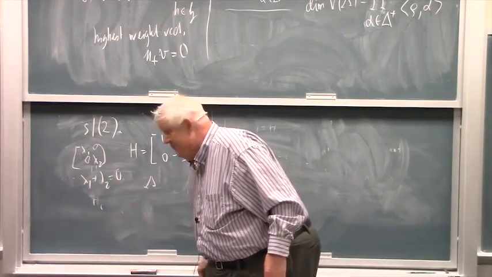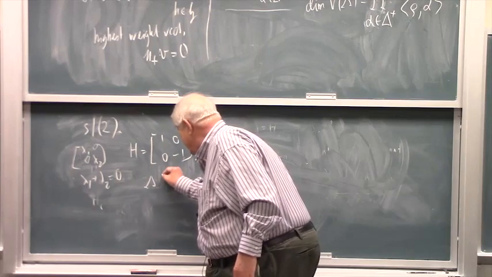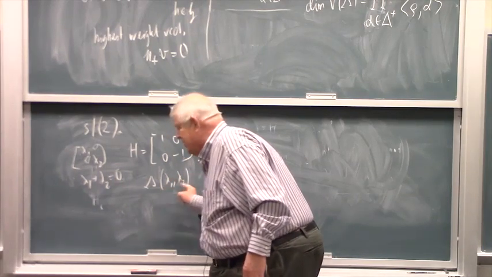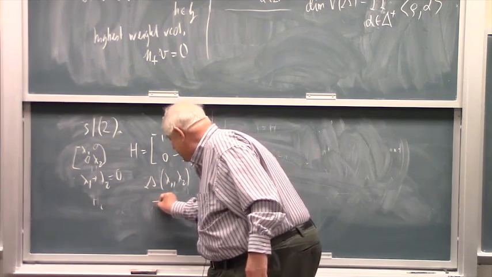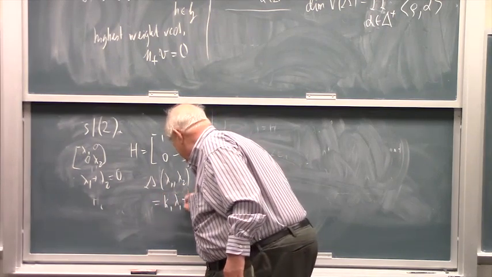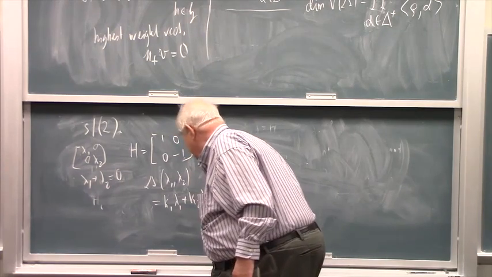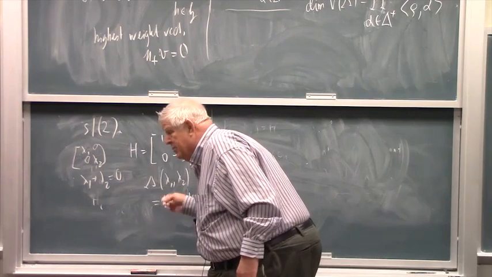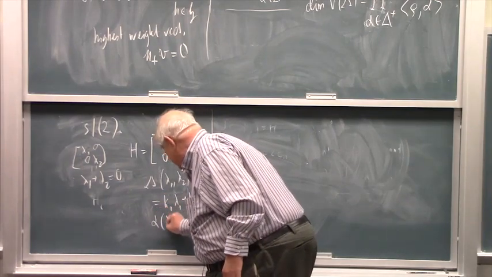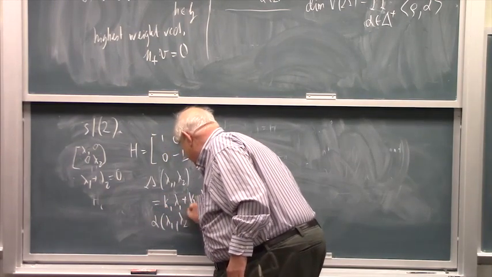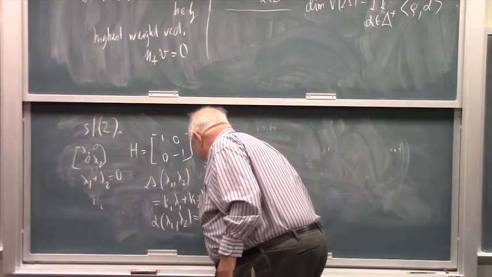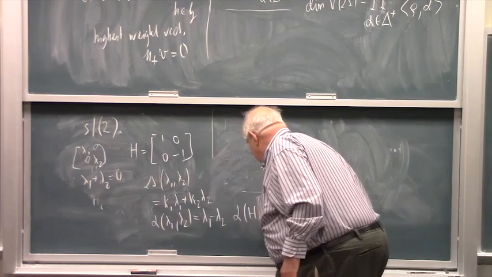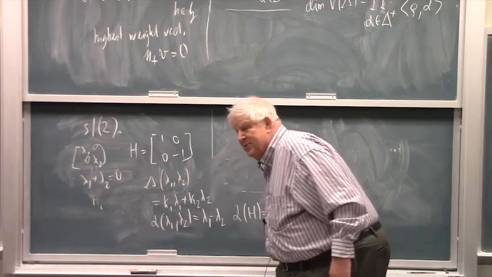I can write lambda as k1 lambda 1 plus k2 lambda 2; well, the sum of them is equal to 0, but it is not important. In particular, there is the root alpha, the only positive root, lambda 1 minus lambda 2, and its value on H, please make this computation, is 2.